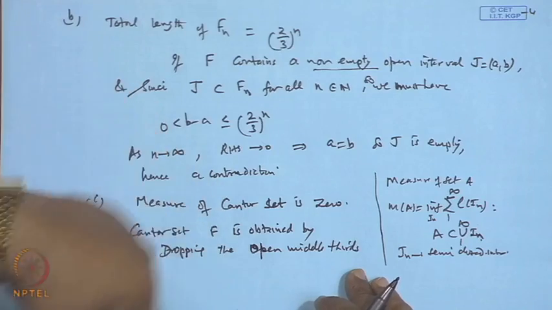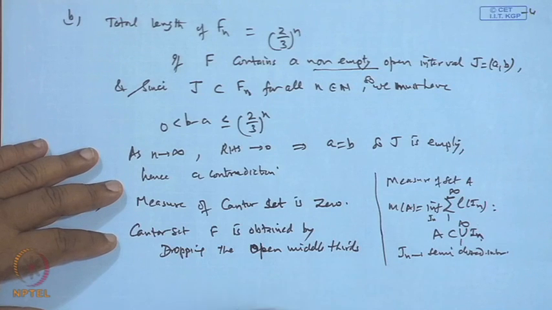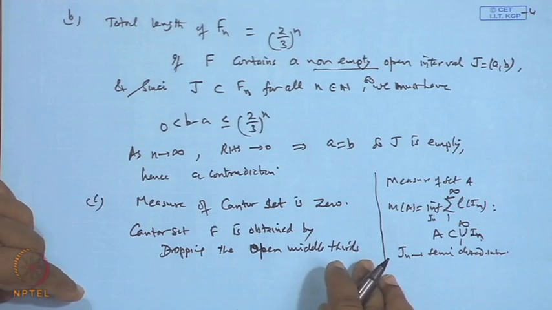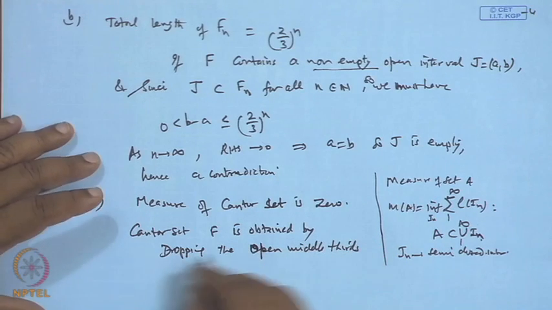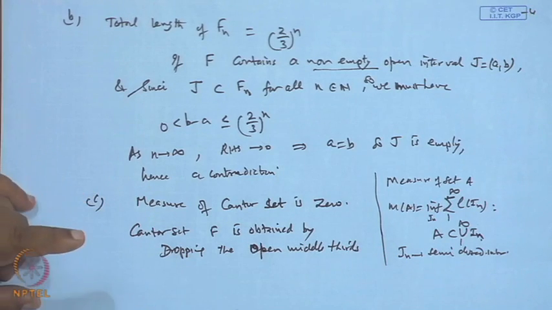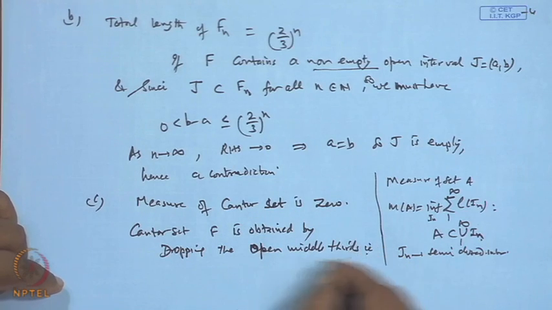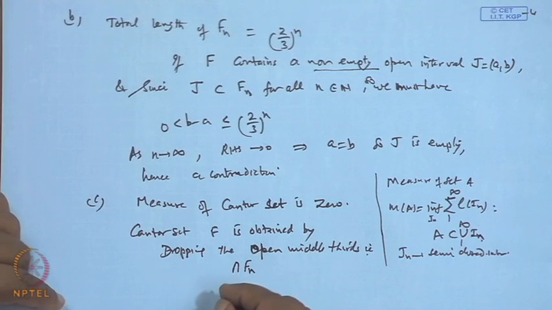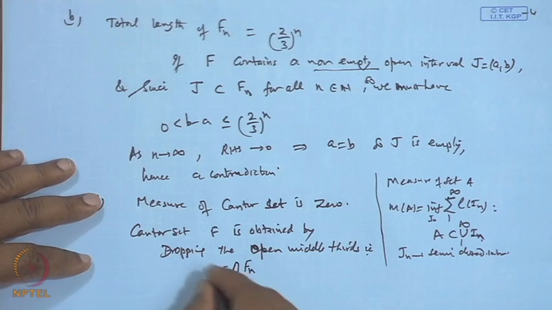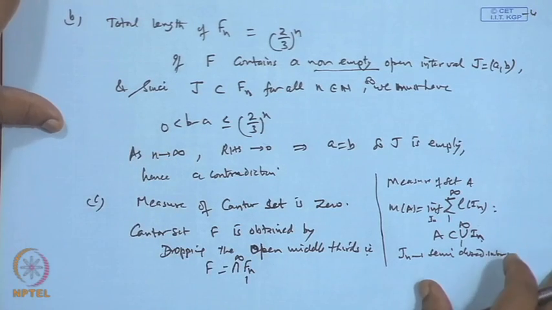The remaining one is nothing but the Cantor set, for n sufficiently large, obtained by successive middle thirds of this, is it not. So, the intersection of F_n, n from 1 to infinity, will be the Cantor set F, where the F_n's are the remaining ones, and then we take the intersection.